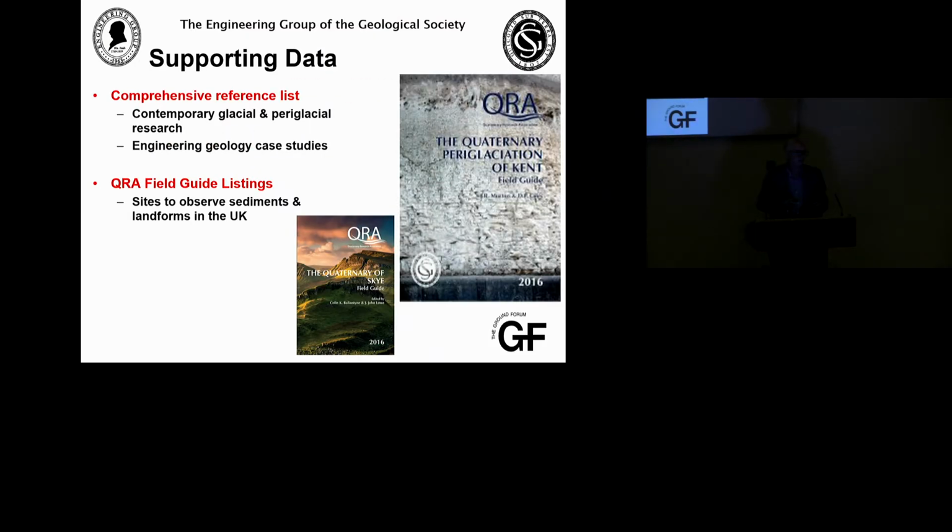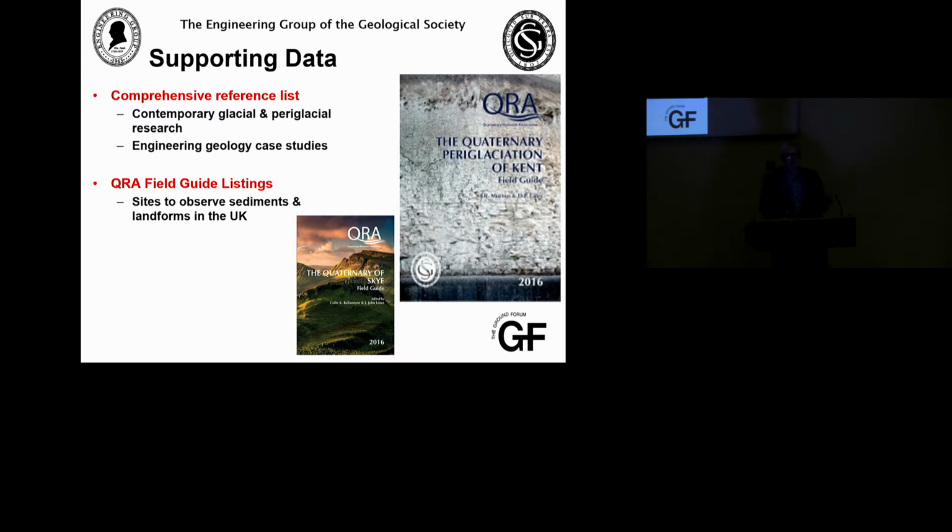We also linked through to our Quaternary colleagues further, and we had a very comprehensive reference list. It was very important that we demonstrated the contemporary glacial and periglacial research, linking through the work happening in the North Sea, and the major research investigations into active glacial and active periglacial areas.